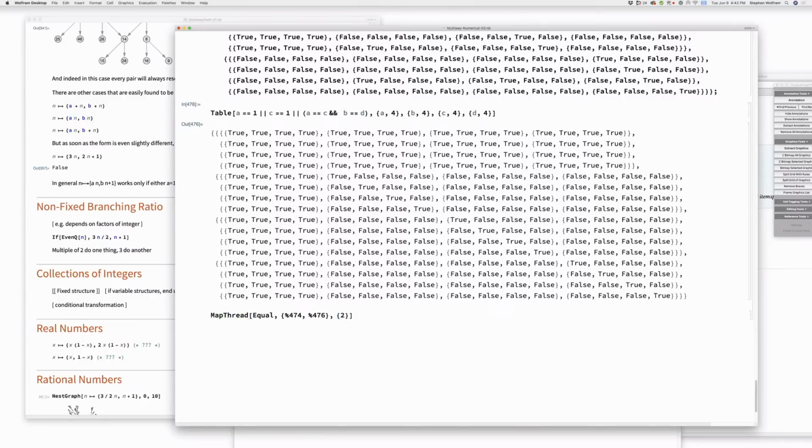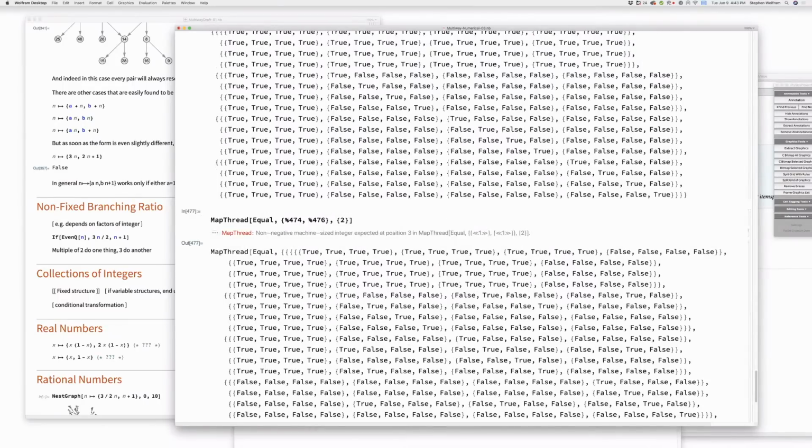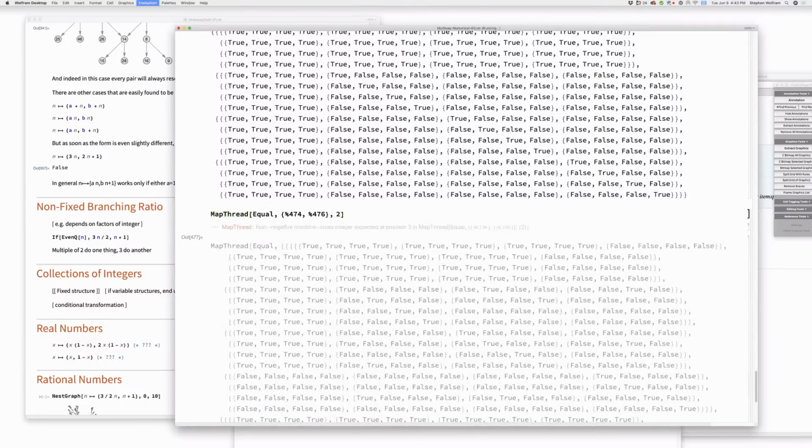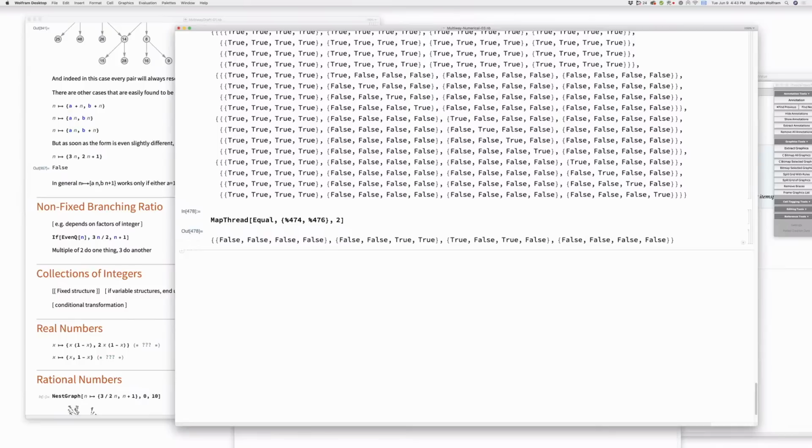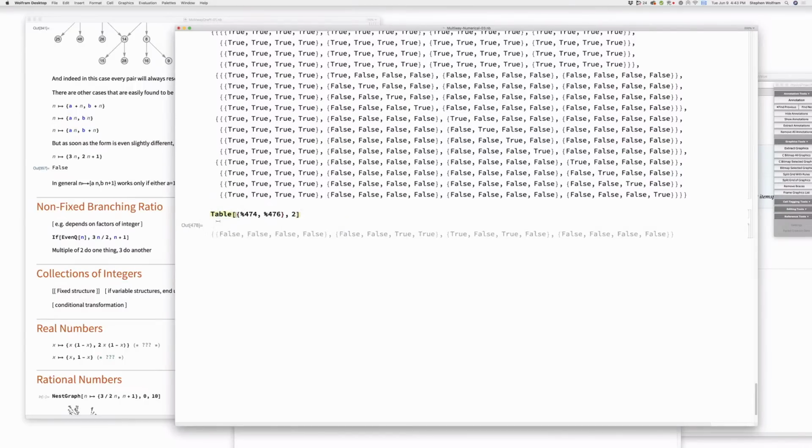I think I have to do it at level 2. That is not what I expected. Well, let's be boring. Let's just make a table of, no, we could do this. We could say array of each of those.